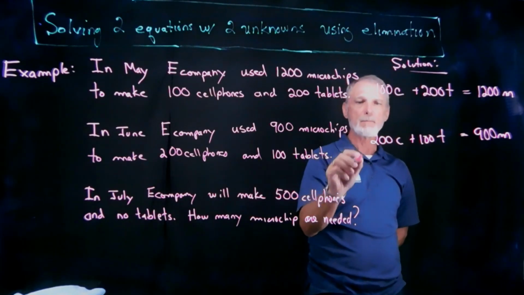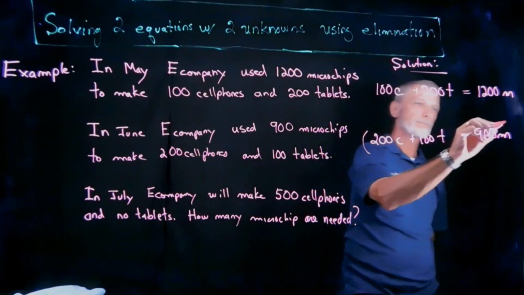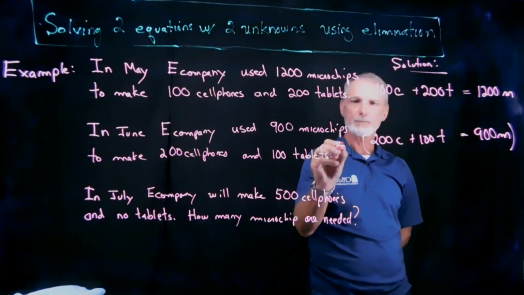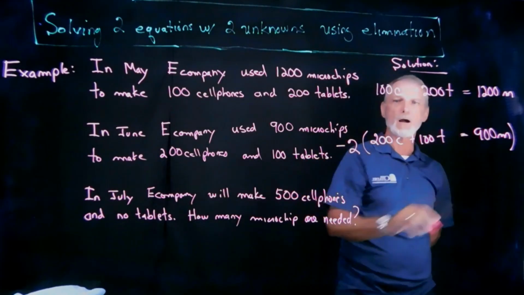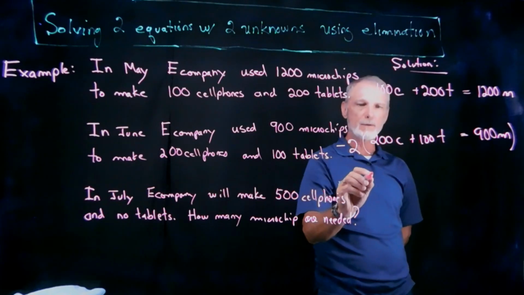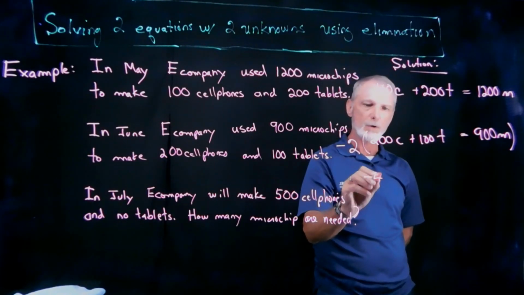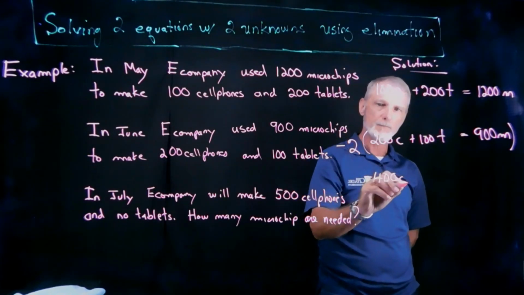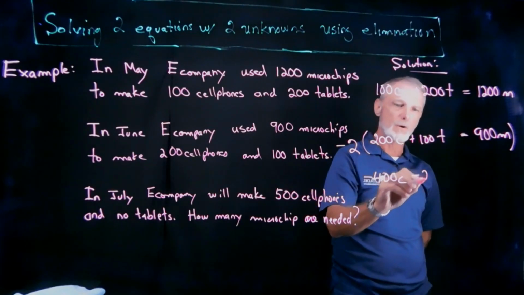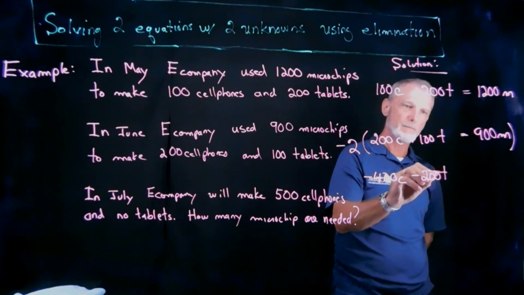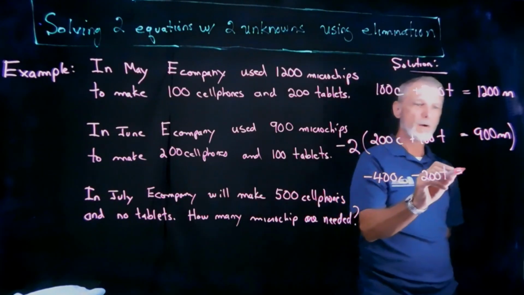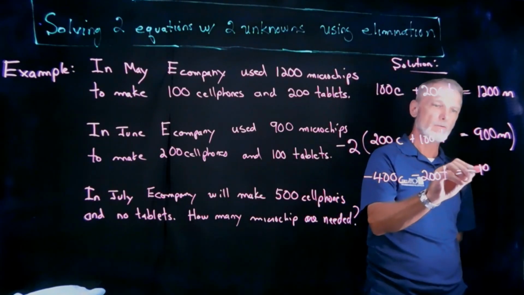We're going to multiply it by -2, both the left and the right sides. And so I'll rewrite it here for clarity. We get -400C minus 200T is equal to minus 1800M.